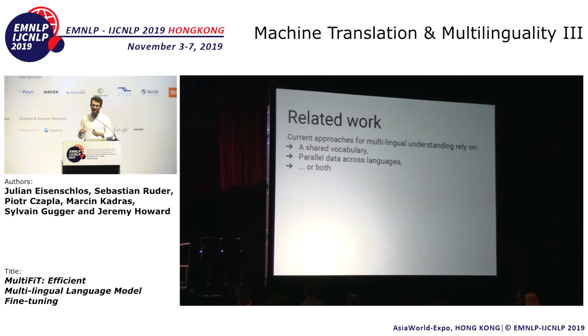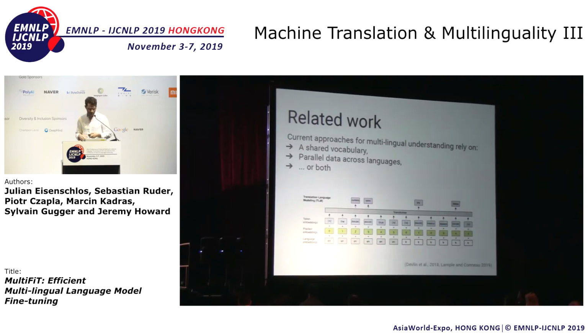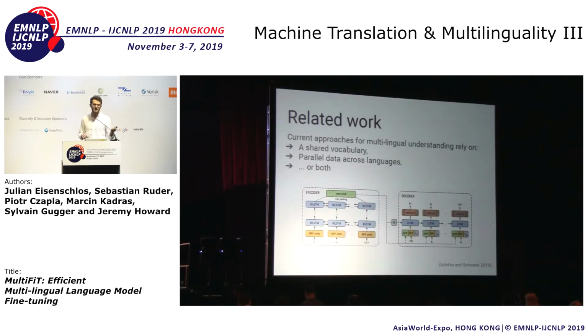But lately, there are many successful approaches that use both at the same time. An example of that would be XLM, which is a BERT-like pre-training task where you concatenate aligned sentences and mask some of the words. And also presented at this conference by Artetxe and Schwenk is LASER, which is a method that uses a seq-to-seq architecture. And then as a byproduct, you obtain a fixed-length, language-agnostic representation for the sentence.